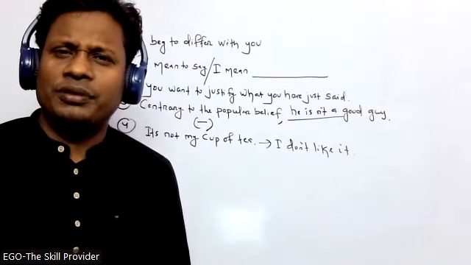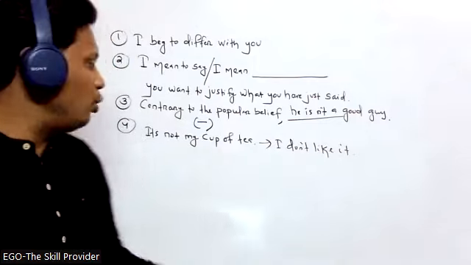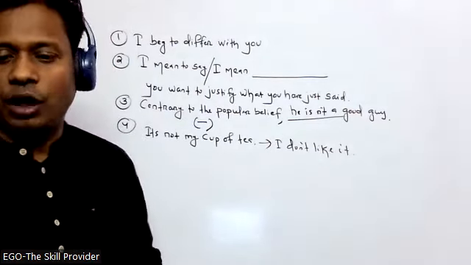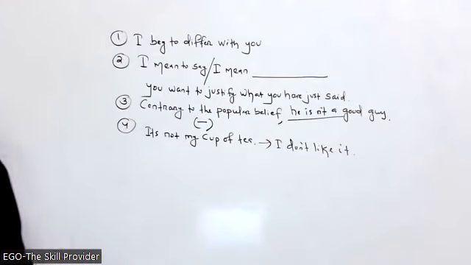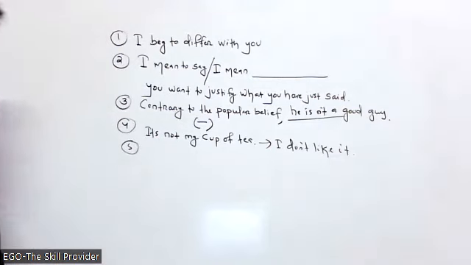Cricket is not my cup of tea means you don't like cricket. So some things you don't like, you can say it's not my cup of tea. Now it's clear to everybody, yes or no? Clear? Yes, sir. Okay.